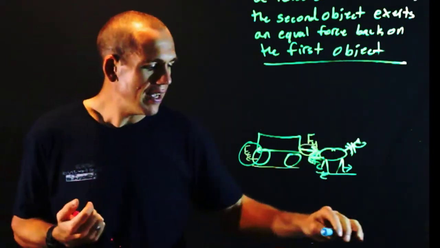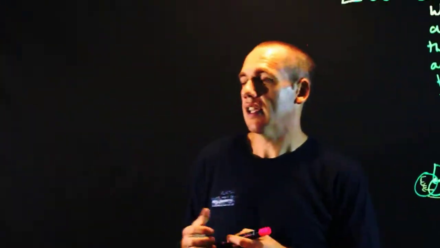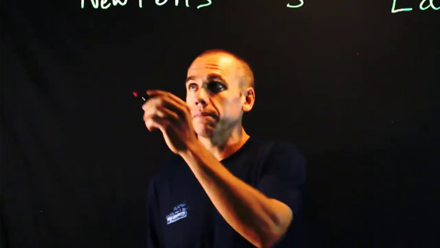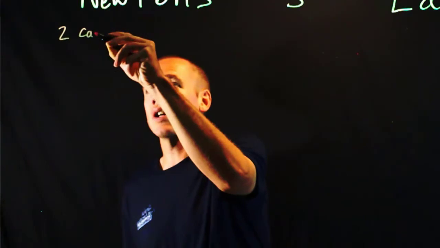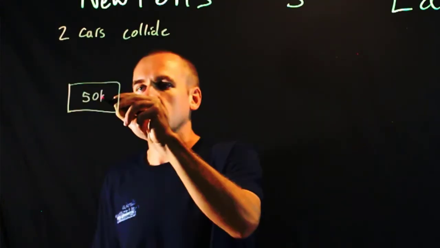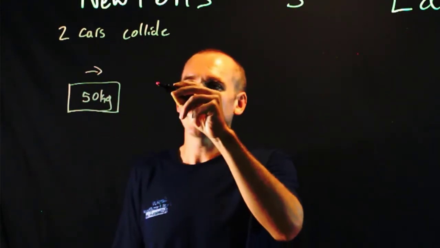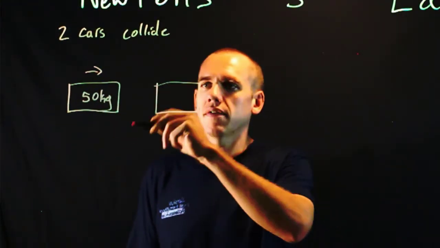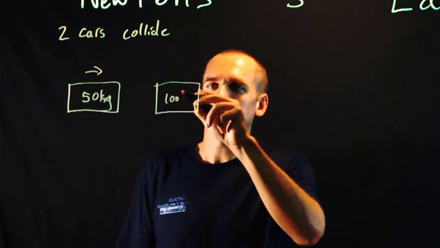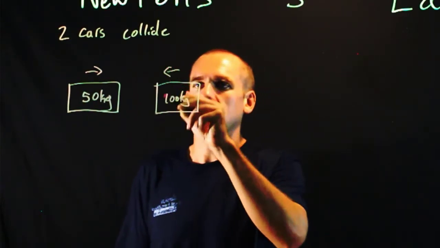And so the classic problems that we have here are things like, hey, suppose two bumper cars hit. I've got one that has a mass of 50 kilograms and it's moving this way. And I've got another one that has a mass of 100 kilograms and it's moving this way.